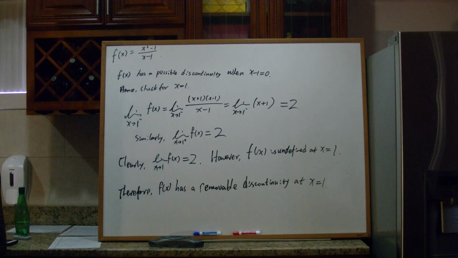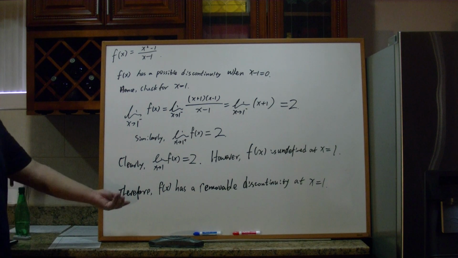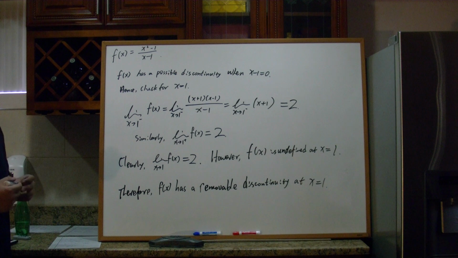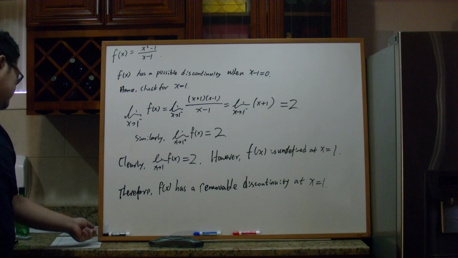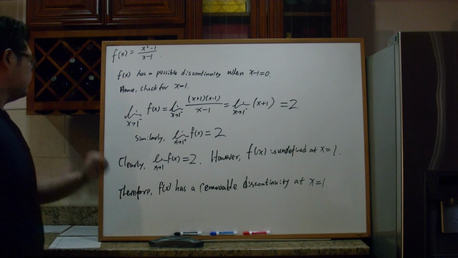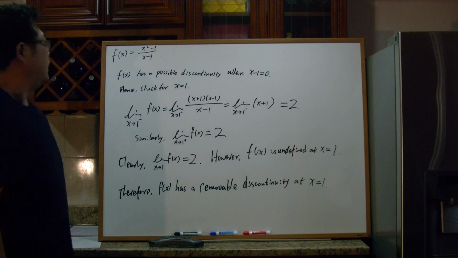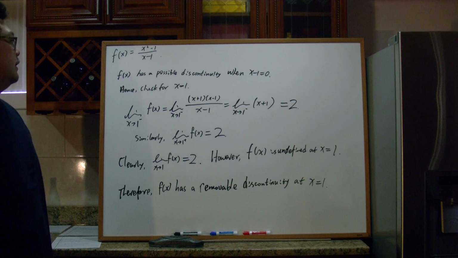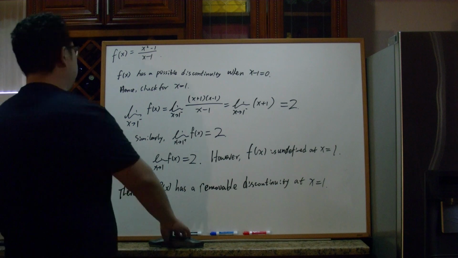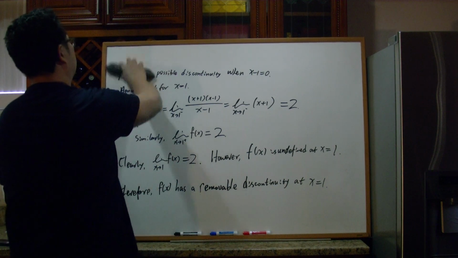Inside its domain, everywhere else is continuous, but we only have a removable discontinuity here at x equals 1. Right, so that type is a rational function we'll discuss, and maybe we can see something else.